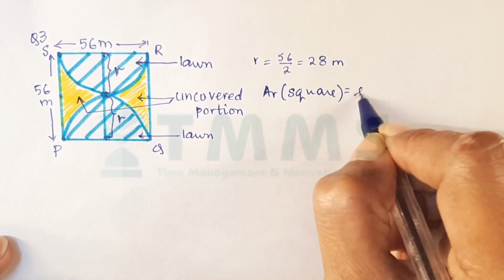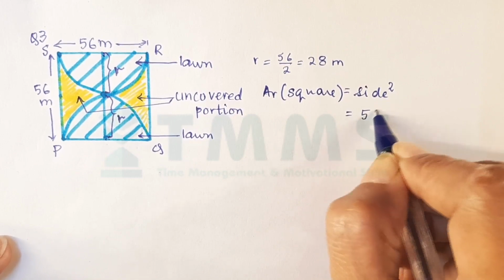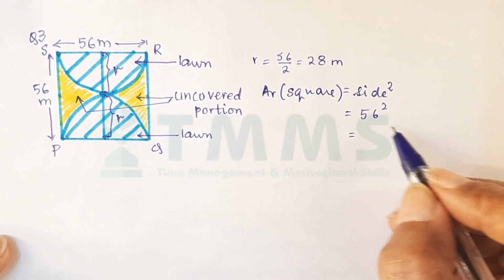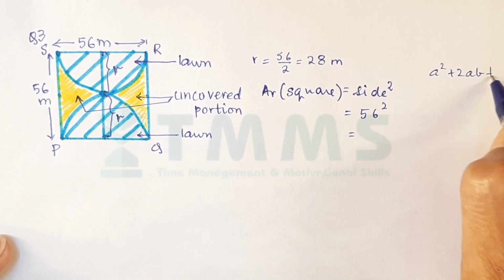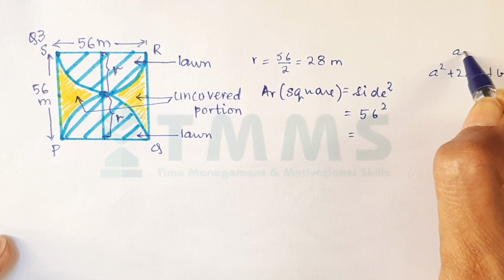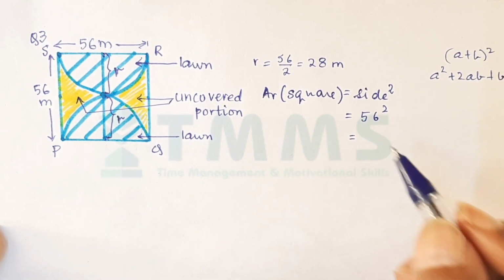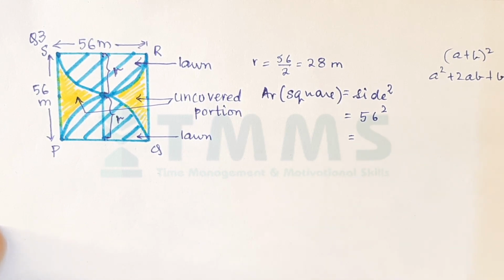is going to be equal to side square, which means it is 56 square. Now, do we know how to use the formula a square plus 2ab plus b squared to find the square of a two-digit number? Go through my series quick calculations. I'll put the link in the description box so you can have a look at those shortcuts.